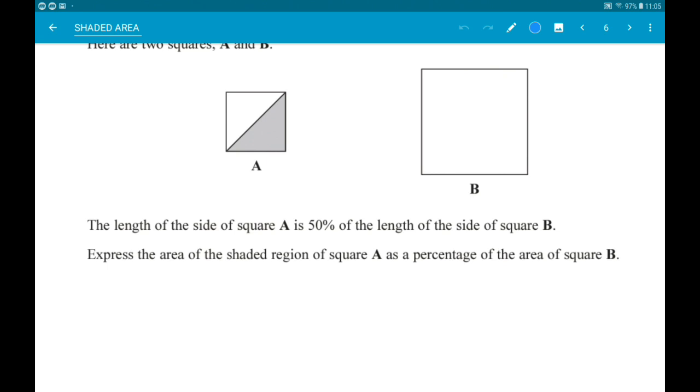So, the side lengths of A are 50% less than the sides of B. So, if we pick a 1 as the sides of A, that means the sides of B would be 2.